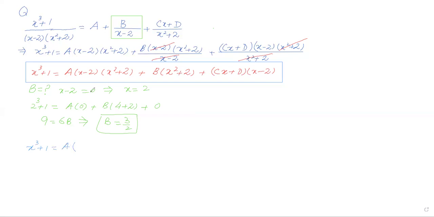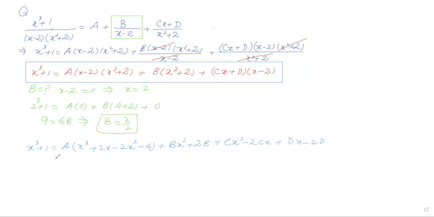a times I will get x cubed, then plus 2x minus 2x squared, and at the last I will get the minus 4. Then I have bx squared plus 2b. And the last expansion becomes cx squared minus 2cx plus dx minus 2d.